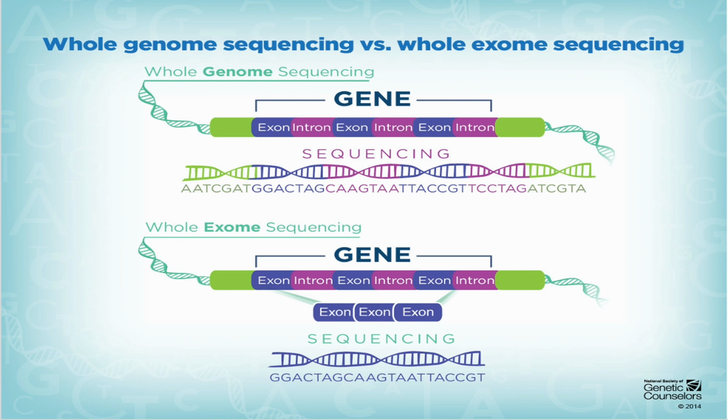However, one limitation of whole exome sequencing is that it does miss variations in non-coding regions, which can also play critical roles in gene regulation and function. This means that while whole exome sequencing can provide a clearer picture in many cases, whole genome sequencing might be necessary for a more thorough understanding of complex genetic issues.